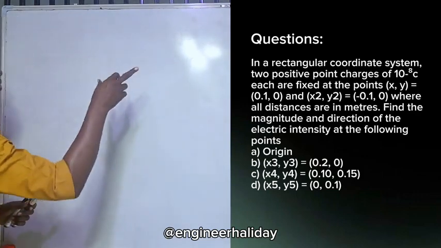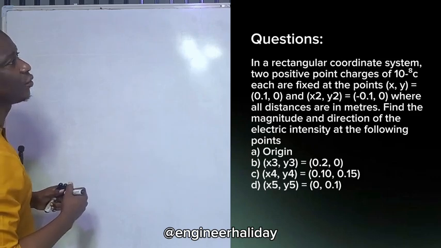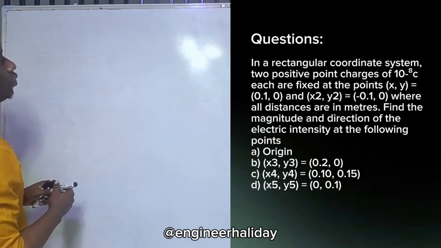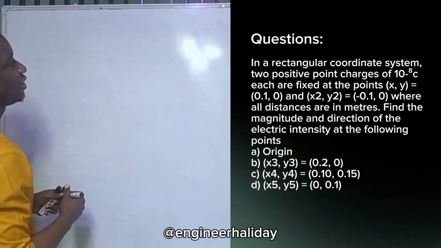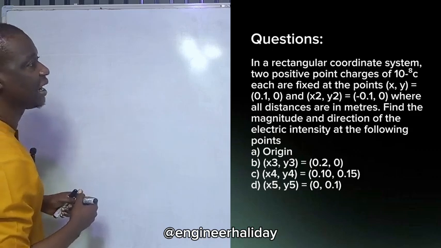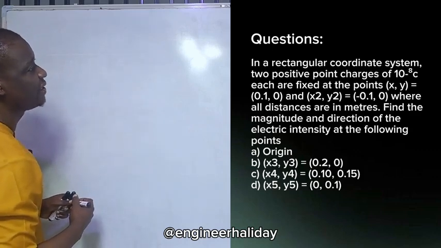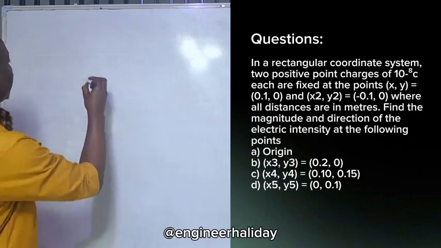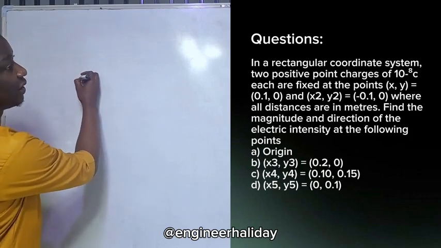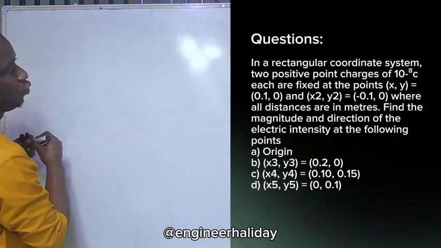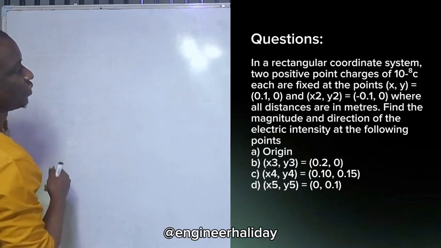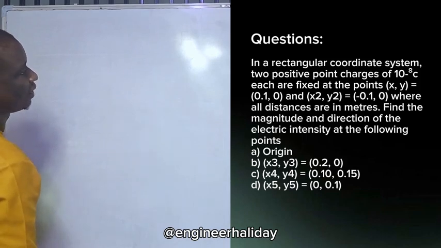Now, the question says, in a rectangular coordinate system, two positive point charges of 10 raised to power minus 8 coulombs each are fixed at the points (x1, y1) equal to (0.1, 0) and (x2, y2) equal to (minus 0.1, 0), where all distances are in meters.